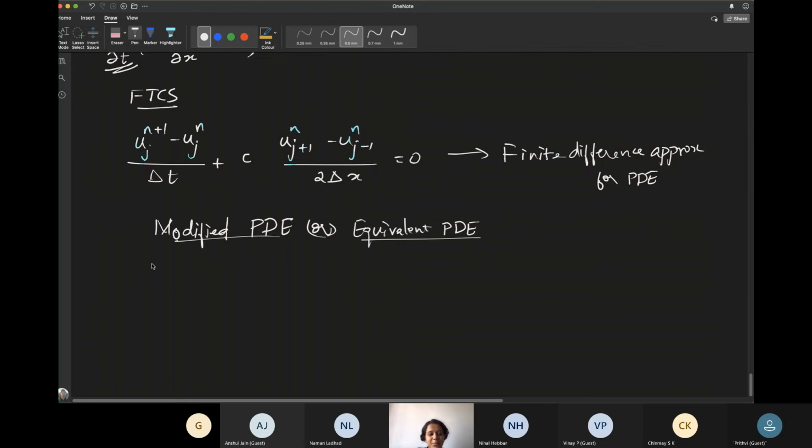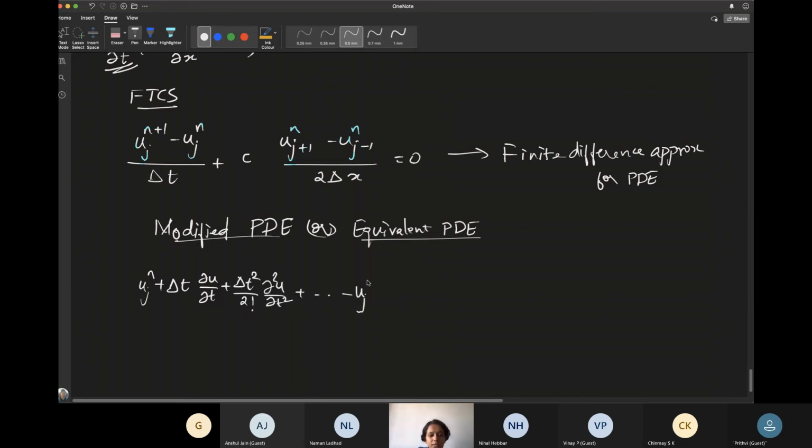So now let me just show it for this simple equation. You will eventually see that it's going to be of order delta t and delta x squared only, but how to do it through modified PDE is what we are going to see. So u j n plus 1 can be written as u j n plus delta t dou u by dou t plus and so on.